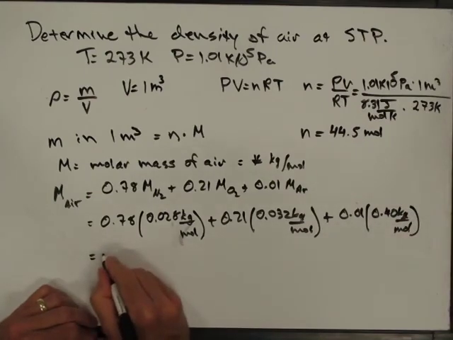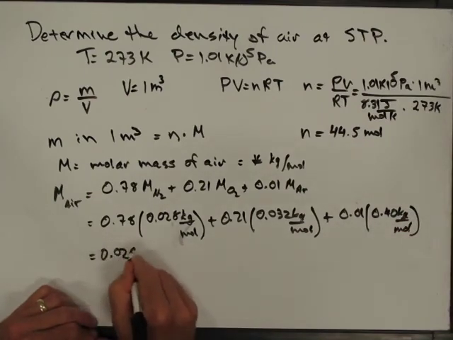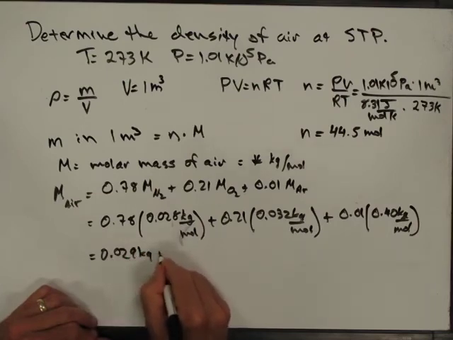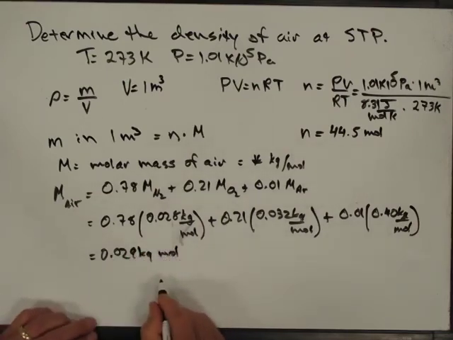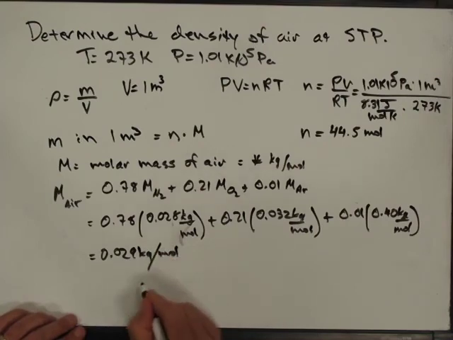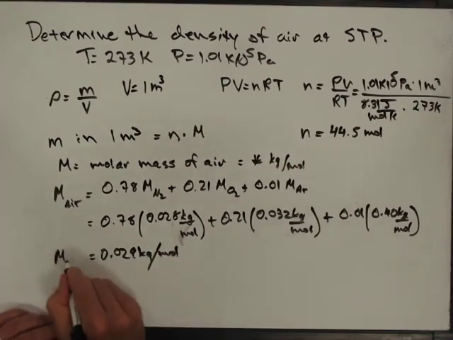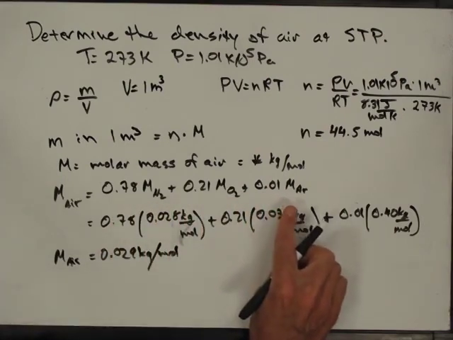If you add all that up, you get 0.029 kilograms per mole. That's the average molar mass of air. It's just a weighted average of all the components that are in it.